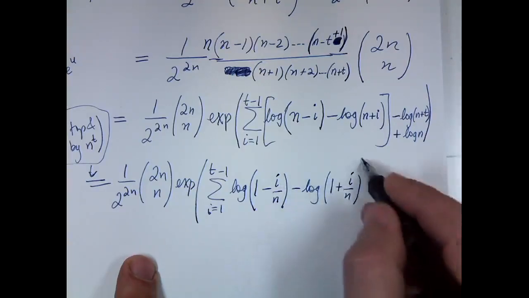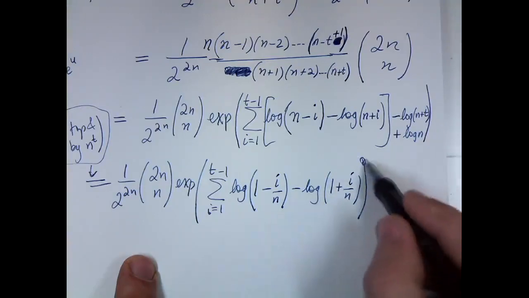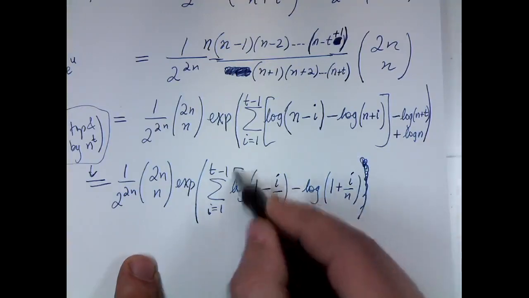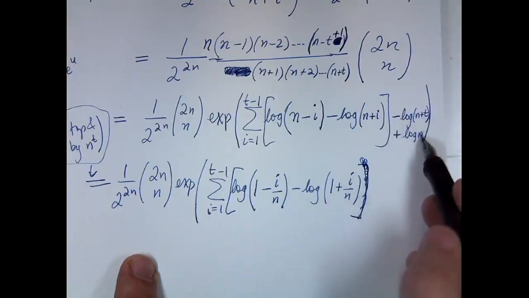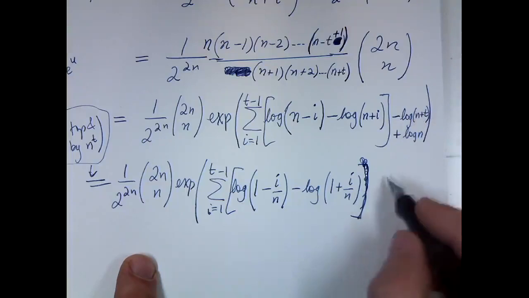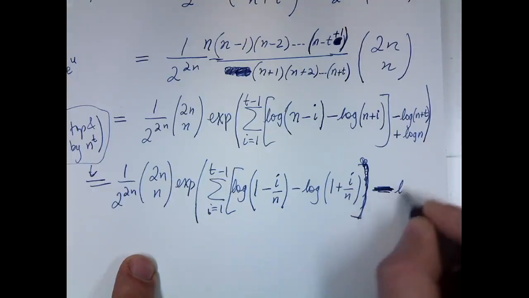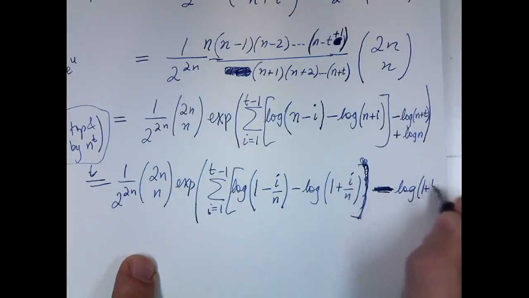Okay? And then that's the sum, but there's this last term, log n minus t. Well, log n cancels with log of n plus t. So what I'm left over is log of 1 plus t over n.